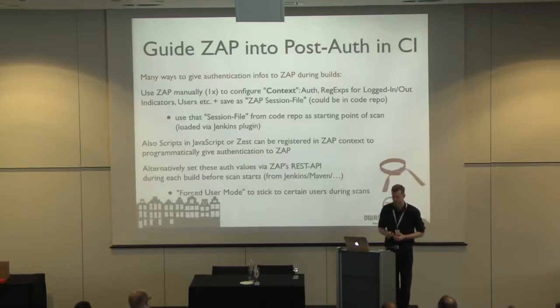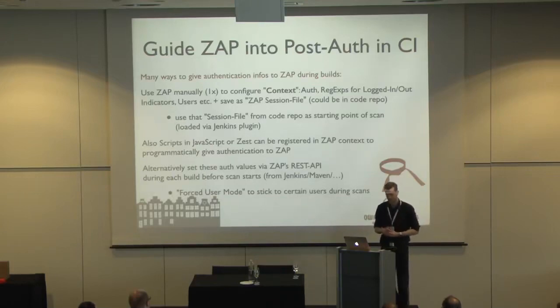Then later on, let Jenkins, the plugin we just saw, that executes the scan with ZAP on an automated basis on every nightly build or whatsoever, pick that session file and use it as a start for the scan. So then the automated scan has all the authentication steps it needs properly configured for your application at hand, and it scans into the authenticated parts as well. So this is what I would recommend and do most of the time.